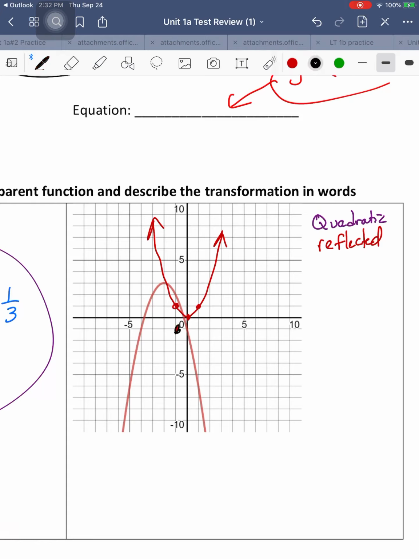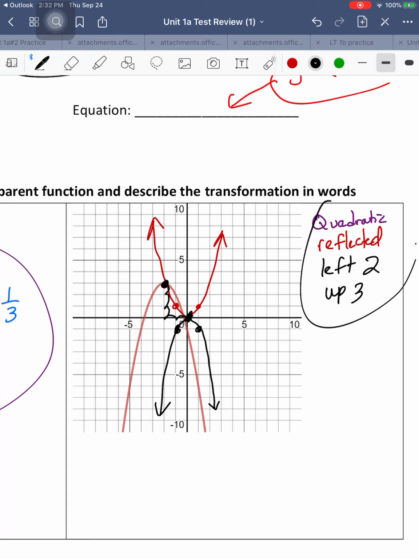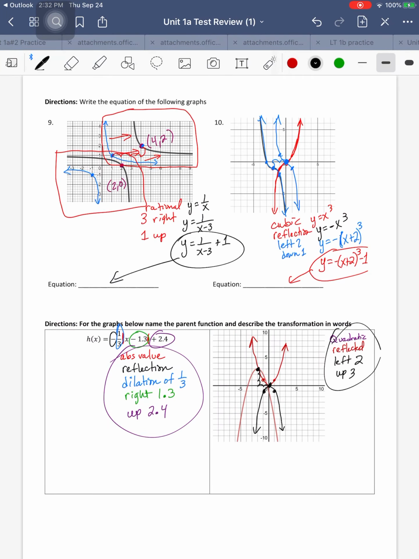So it's reflected. If it reflects, it's going to look something like this. Reflect always on the x-axis is what we're studying in here. Now it's the upside down U, so now we can shift the graph left. I'm looking at the vertex is mainly where my eyes focus right now. Left 2 and up 1, 2, 3. And there you go.